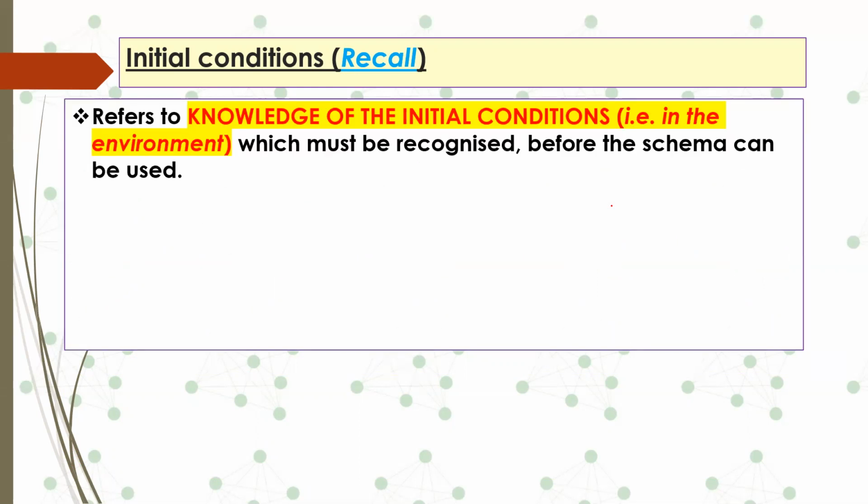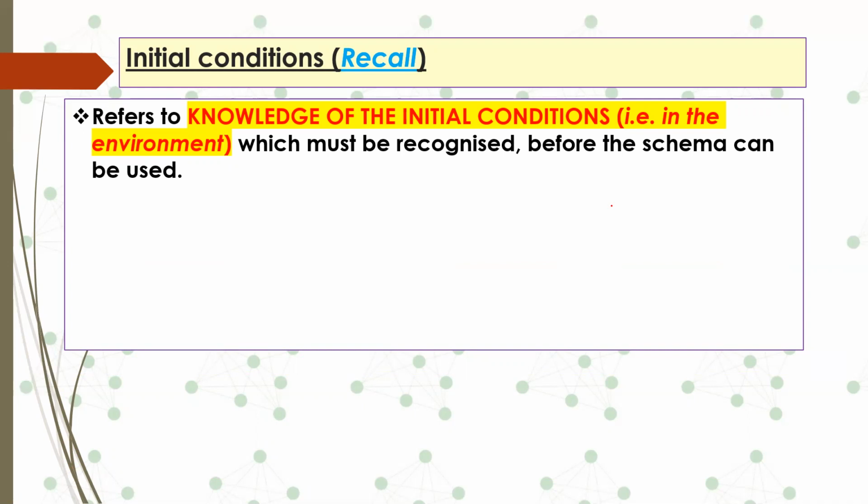Okay, now we're going to look at each one of these processes a little bit more in detail. So the first one of the recall schema, which is initial conditions. As I go through this, make sure you're making good notes, and then there's a task to complete at the end of each one. So initial conditions, this refers to, and I've made this as clear as I possibly can, knowledge of the initial conditions.